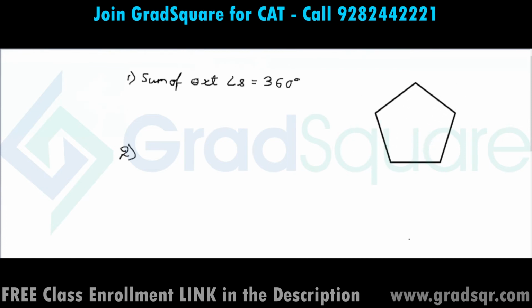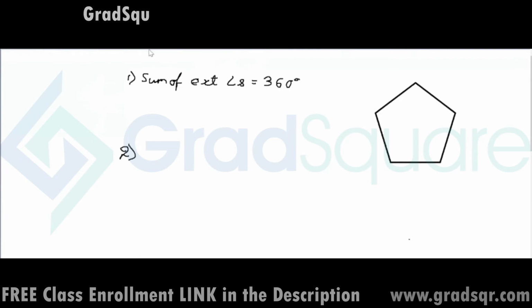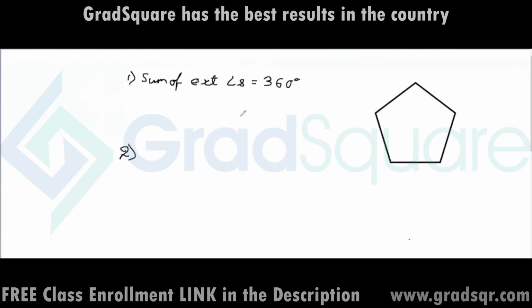If you remember the last triangle properties class, I had asked you how many exterior angles a triangle has, and the answer is it has 6 exterior angles.